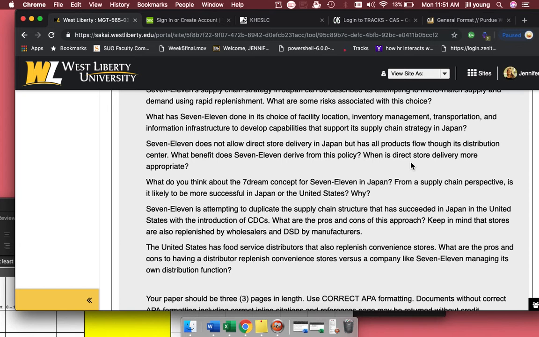So what you need to do is think about how it's done here, how it's done there, and what are the pros and cons of the approach. And how does it work in the different environments that we're discussing here. So that's what you have to think through.